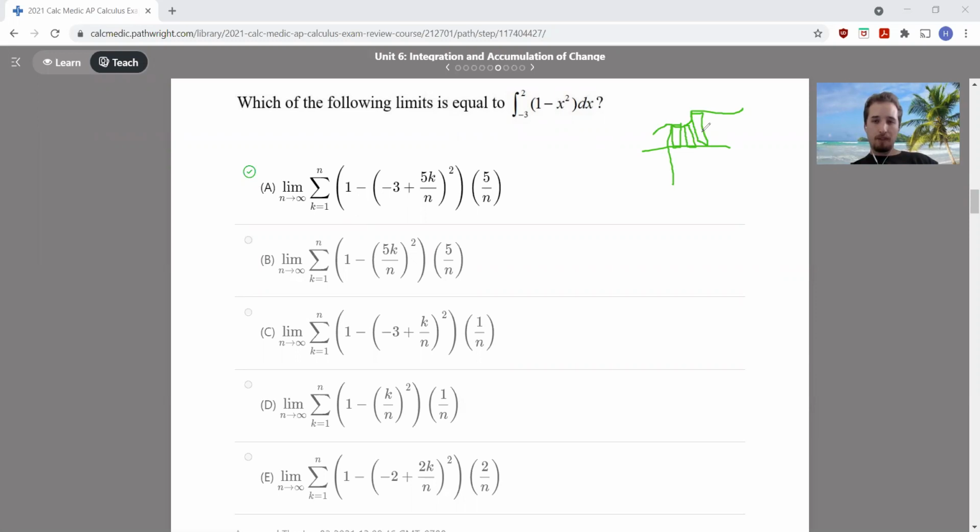And the way we make these increasingly small is by setting the number of rectangles equal to infinity, with the width of each rectangle going to 1 over infinity, or increasingly small, right? And we already went over the area of a rectangle, base times height.